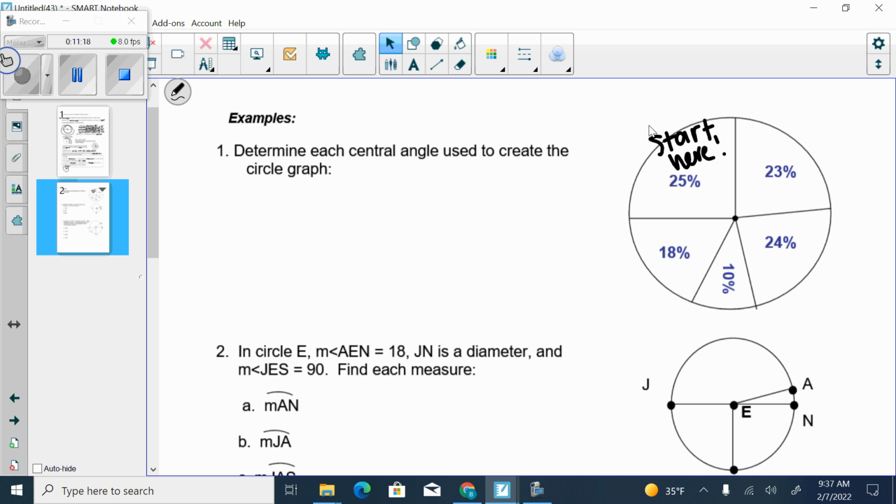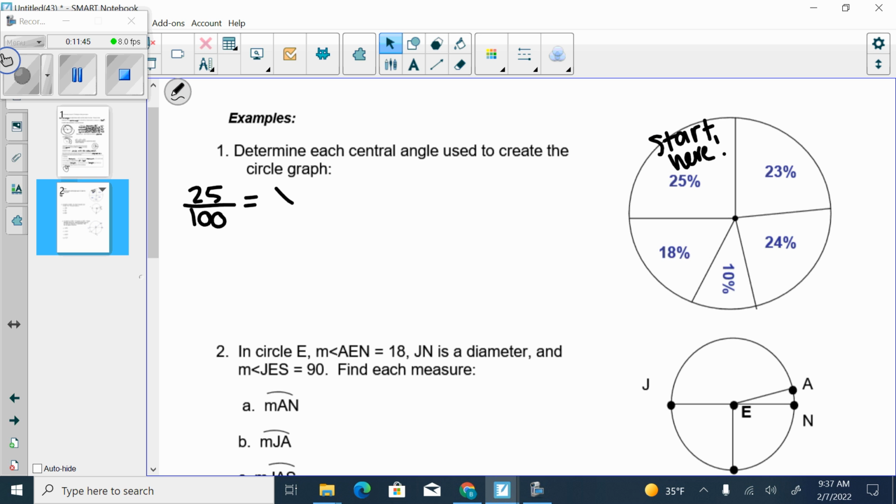Okay, well, if these are all percentages, this is 25% out of how much? 100%, right? That's what percentages are for, right? Okay, so this is 25% out of 100%, but we are looking for how much that is out of 360, right?